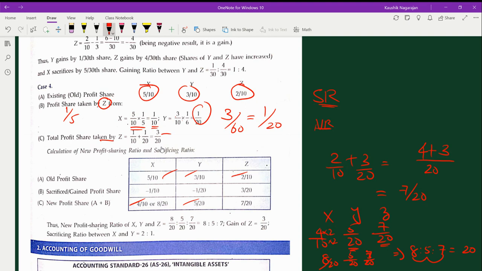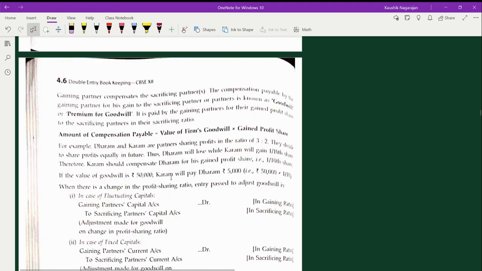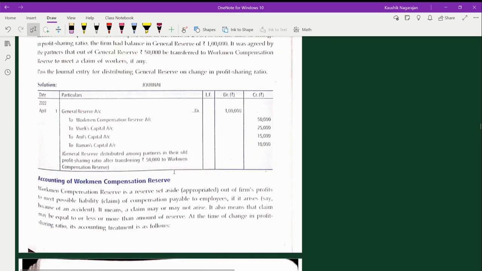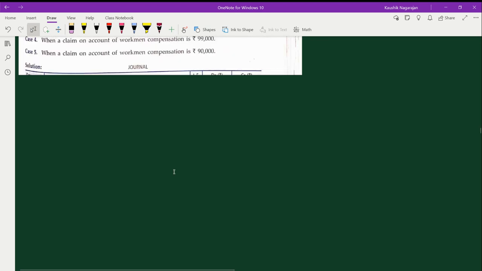So the problem which I want you to work out as practice is from the exercise problems. Work out problem number 4. I'll take you to exercise problem number 4.